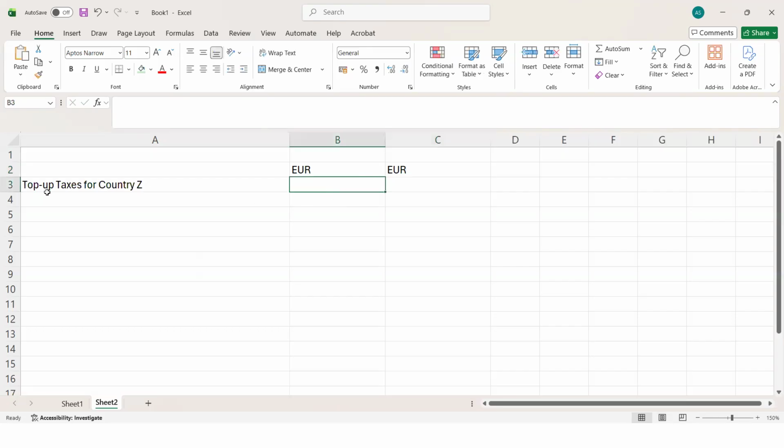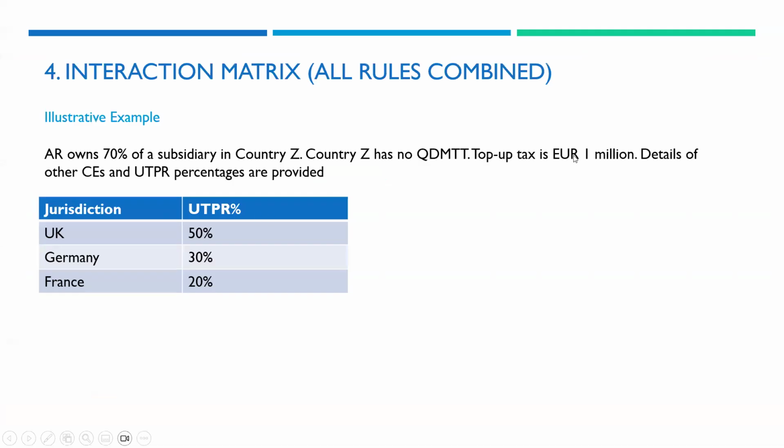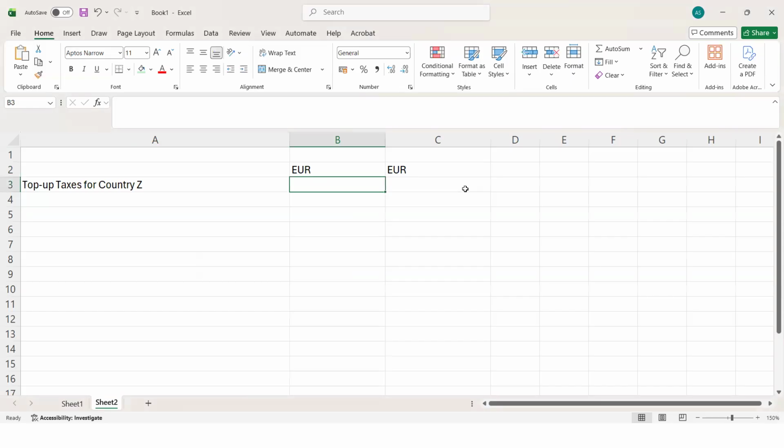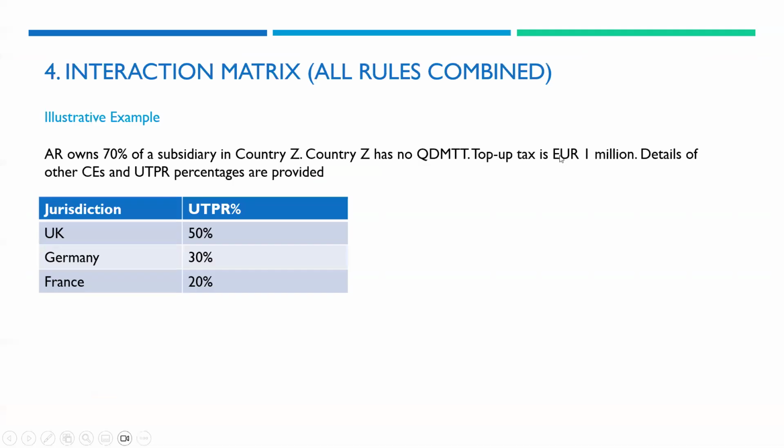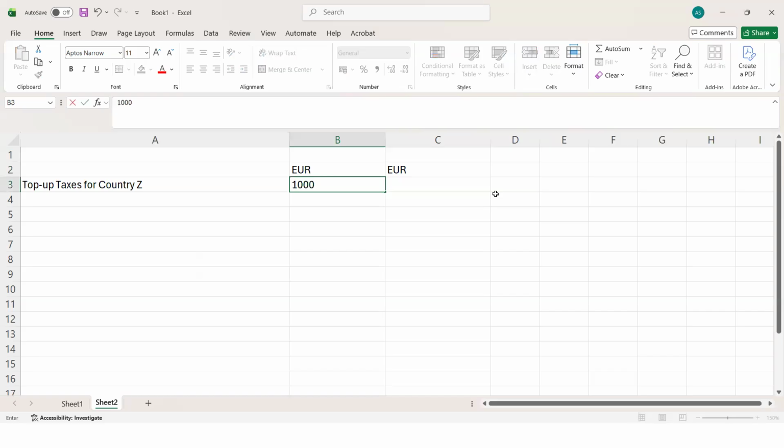What is the top up tax? They have given it as 1 million is the top up tax. Okay, it is the top up tax, not their effective tax. So you have already calculated top up tax. If they have given the effective tax or any other tax, then you have to see what is the percentage of that, and top up tax is only that which is less than 15%. Okay. So top up tax is 1 million.